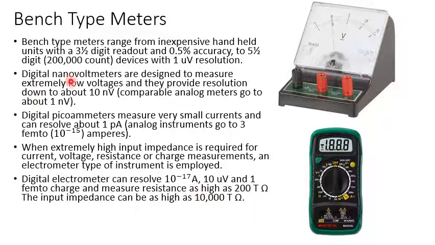What is a digital nanovoltmeter? What is a digital picoammeter? If your circuit requires a very high resistance, then you use an electrometer, which gives a resistance of 200 tera ohms. These points you have to remember.